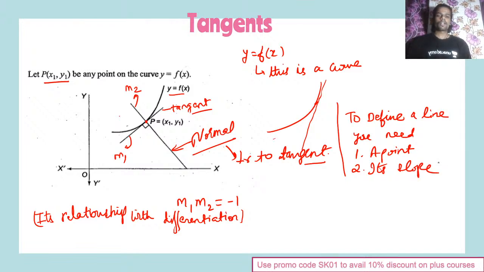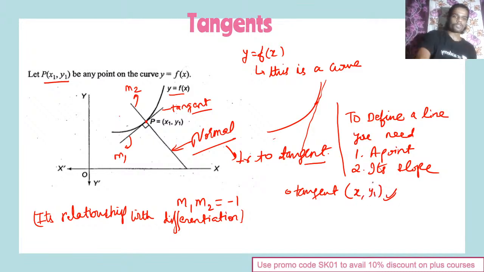The point P lies on the line. So if you want to write the equation of the tangent, we have a point (x1, y1), check. But what about its slope? You don't know anything about the slope. How do you calculate the slope?